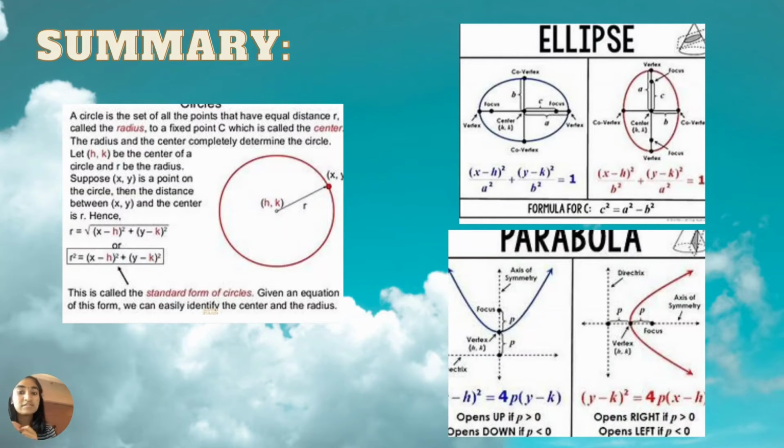So we will see the formula. The formula for the vertical axis will be (x minus h) squared equals 4p(y minus k). The second form of a parabola will have a formula of (y minus k) squared equals 4p(x minus h). So we will see a question which can relate our daily life to conics.